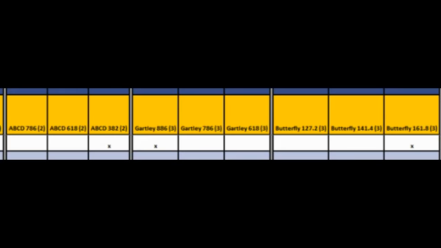This butterfly pattern was actually completed on a smaller time frame within that equidistant CD leg move of that overall larger ABCD harmonic pattern completion.